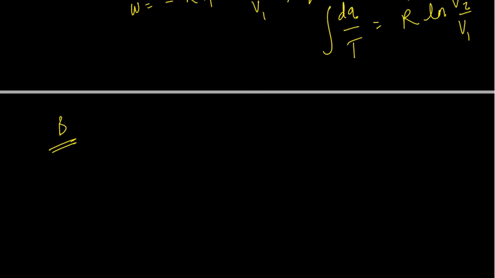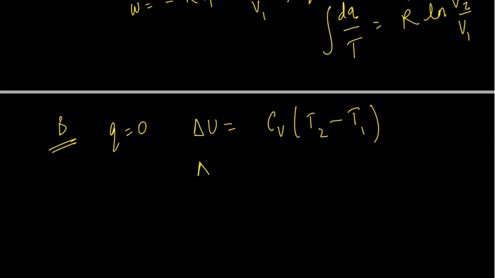Q is 0. W I don't know. Delta U is just CV delta T, right? T1 minus T2. Great. So delta U is a negative quantity. It's going out from the system.